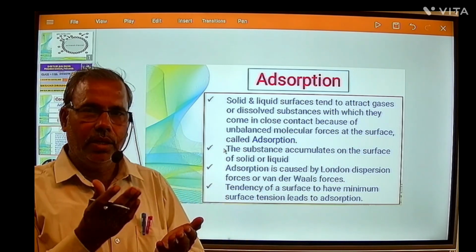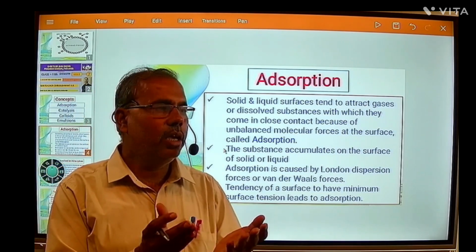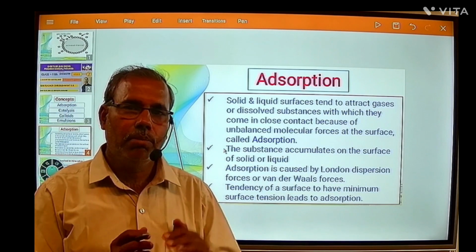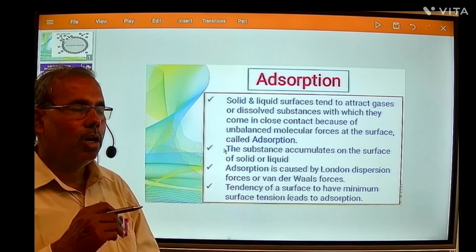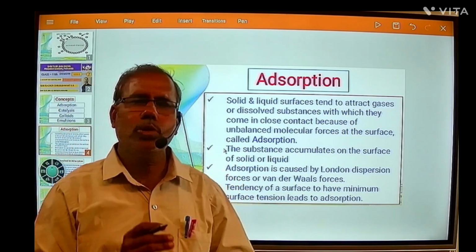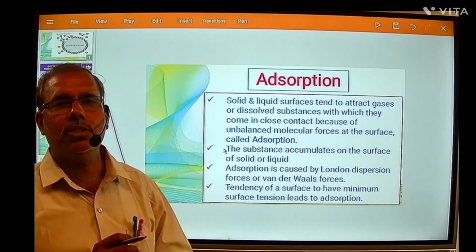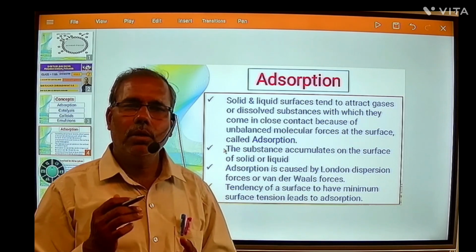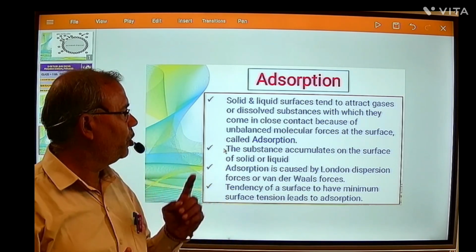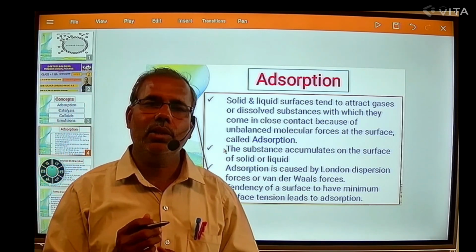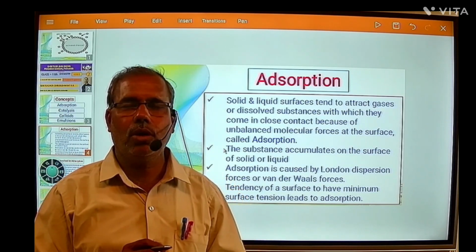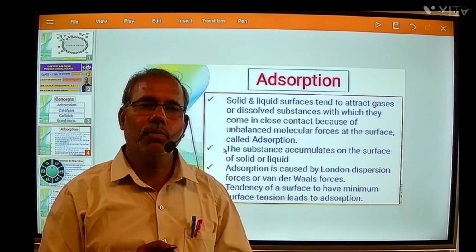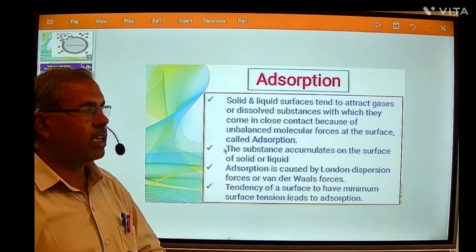The lower side of the substance has more force of attraction from the molecules in the bulk, but from the upper side, above the surface, there is no force of attraction. Therefore at this surface the molecules have unbalanced forces, and they tend to attract the other molecules of gases or liquids or solids with which they come in contact, and therefore this phenomenon is called adsorption.